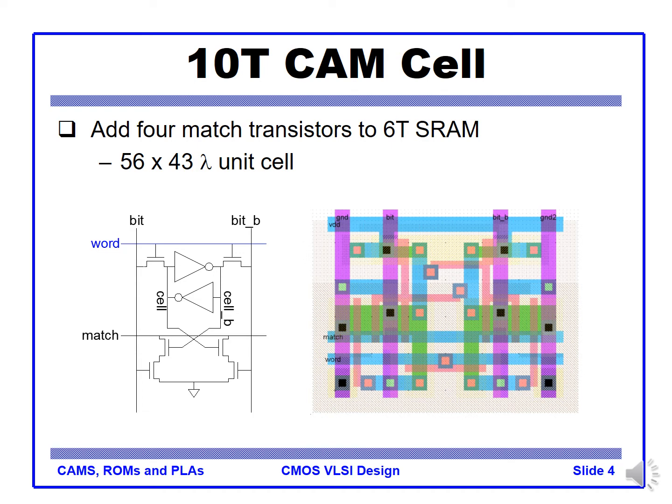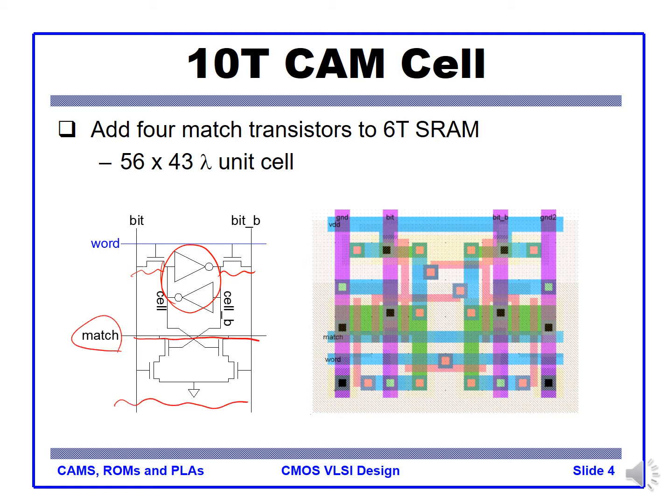So this is the typical 10T CAM cell. For CAM cell operation, we need comparison capability inside the cell. So we have a basic cross-coupled inverter and access transistors, but we have a different thing here: the match line.